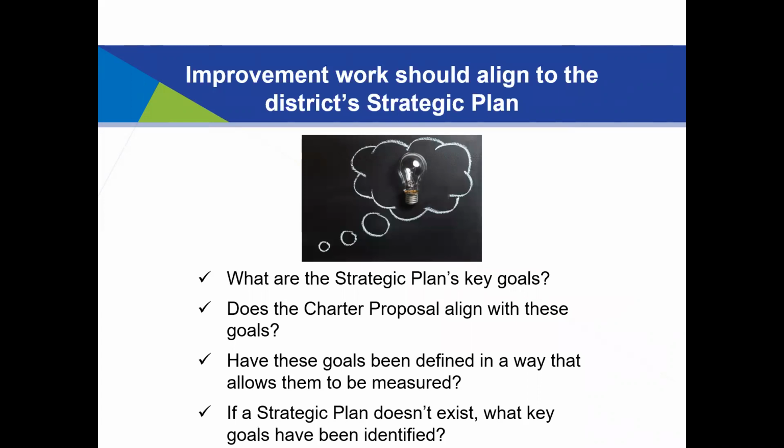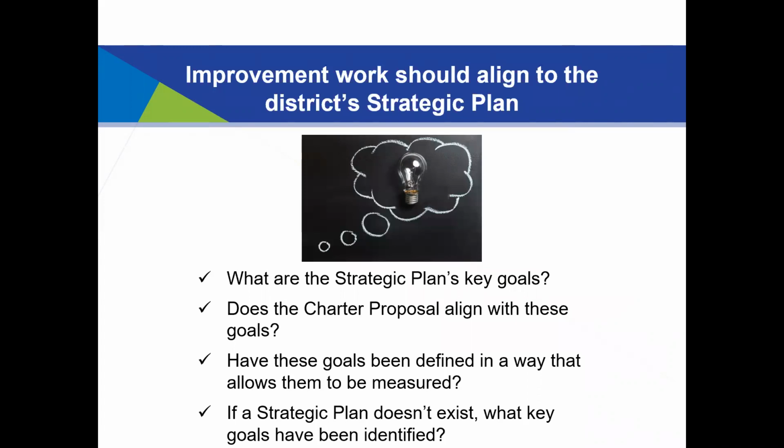Have these goals been defined in a way that allows them to be measured? This whole notion, and you'll see this in a while around this concept of SMART goals, you need to have indicators, measures that will help you actually monitor the progress that kids are making. And then finally, realizing that not all schools or school districts have a strategic plan, there should be goals.